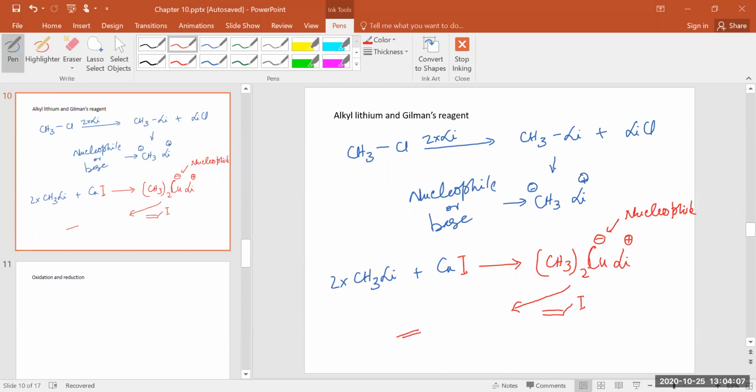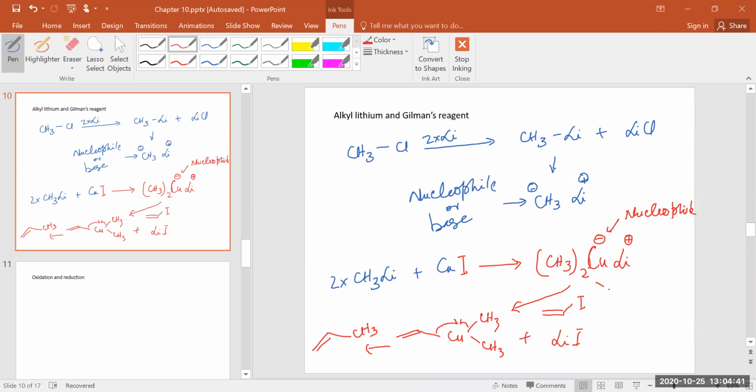Whatever vinyl it has will attach with copper, and you have two methyl groups on copper. So the byproduct will be lithium iodide. Now here, don't worry about the mechanism. The methyl group is exchanged, so the methyl is transferred onto the vinyl. So this product forms.